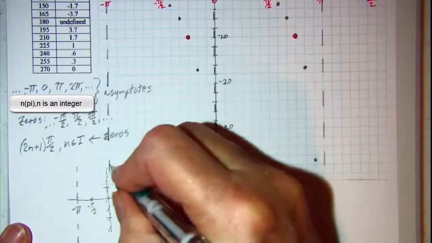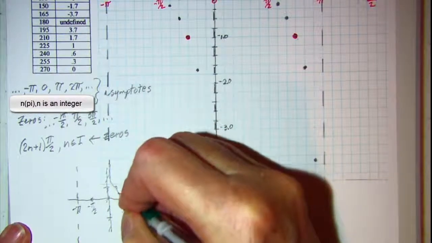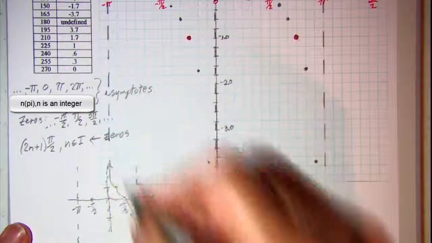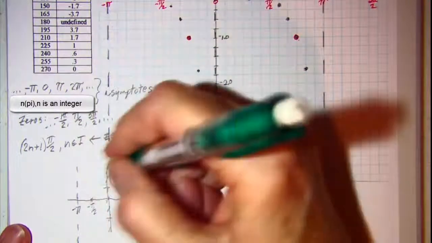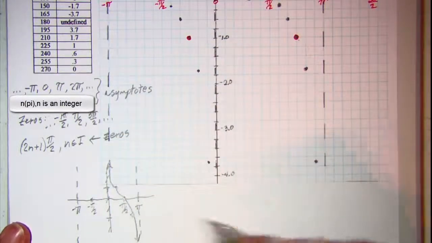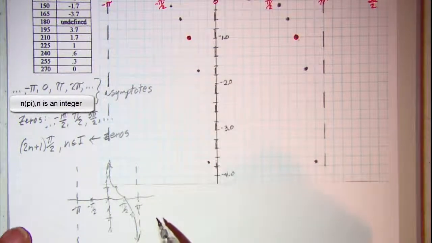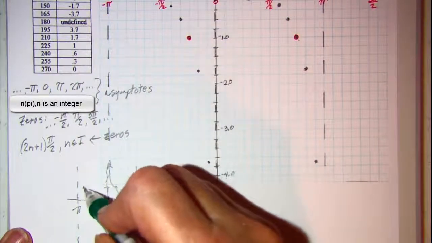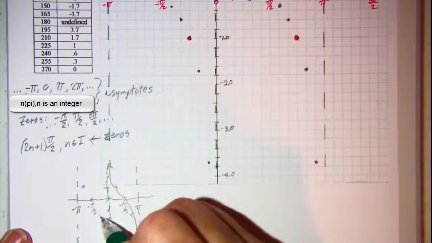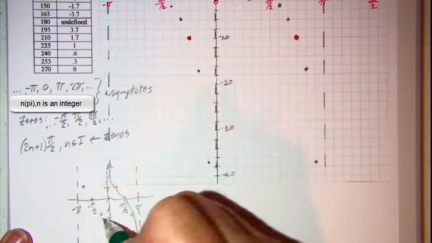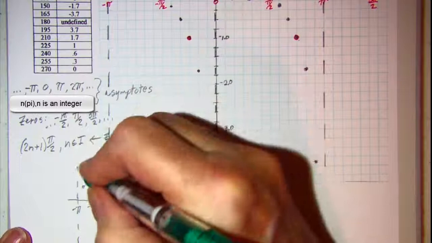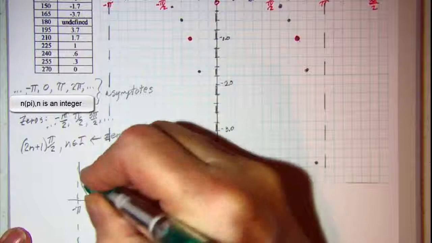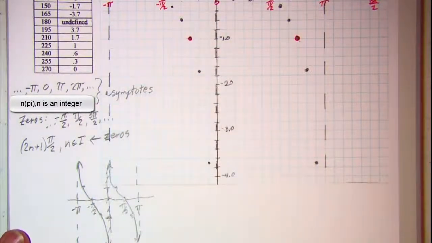So my cotangent curve looks like this. And then since my function is periodic, just repeat this curve for as many periods as you need.